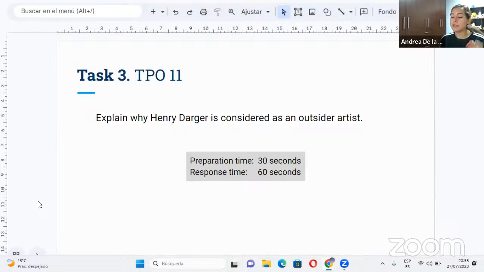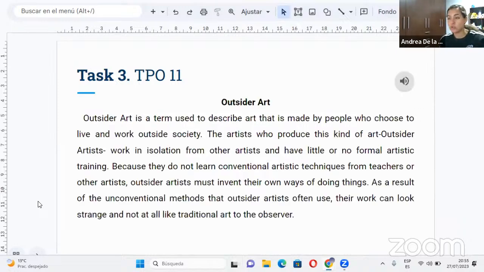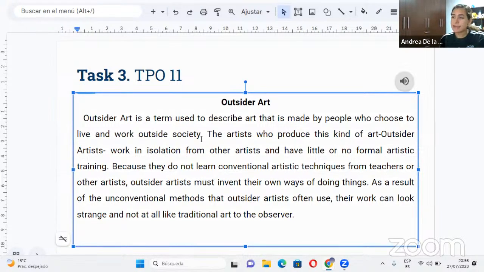Now, another thing I could say is try not to explain too much in the introduction. Make it short. Tell me according to the reading or according to the passage, outsider artist is an artist that lives and works outside of society, and leave it there. Or outsider art is art that is made by people who choose to live outside of society.